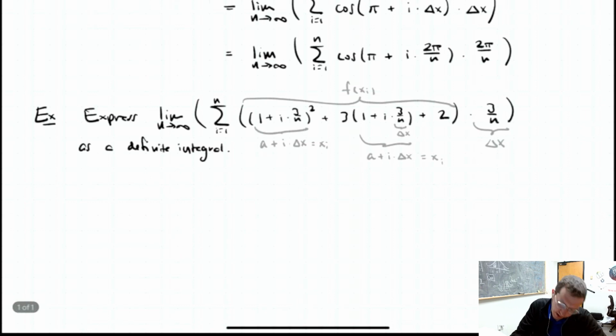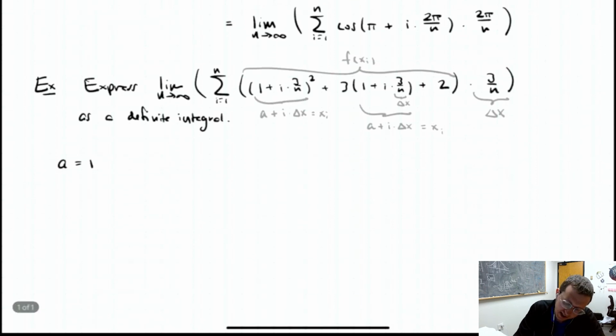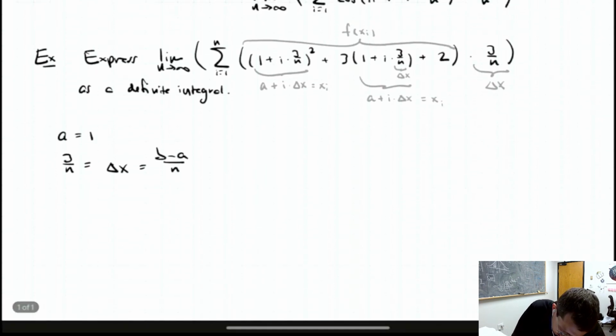Okay, so what do I know? Well, if this is the a plus i times delta x, a's got to be 1. But that also tells me what b is, because if 3 over n is my delta x, and delta x is b minus a over n, then 3 has to be equal to b minus a.